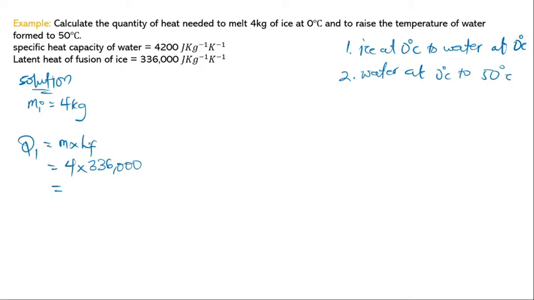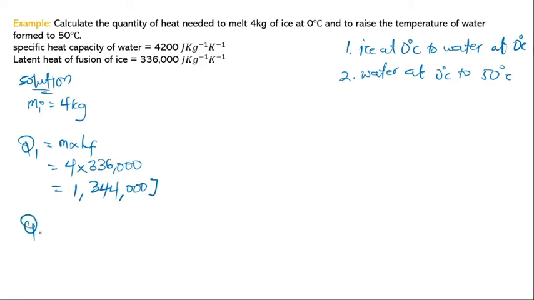So if we do the multiplication, we are going to get 1,344,000 joules as the first energy required to convert the ice at 0 degrees Celsius to water at the same temperature, that is 0 degrees Celsius.